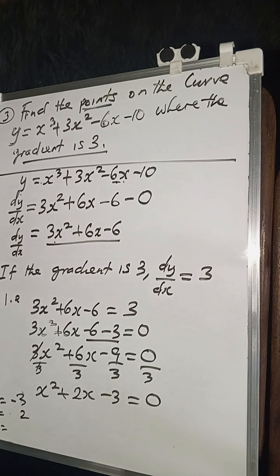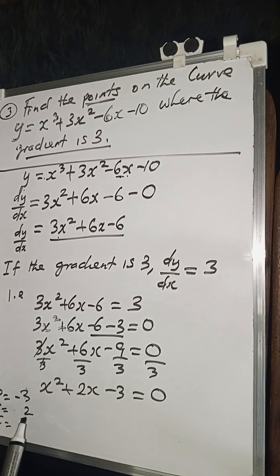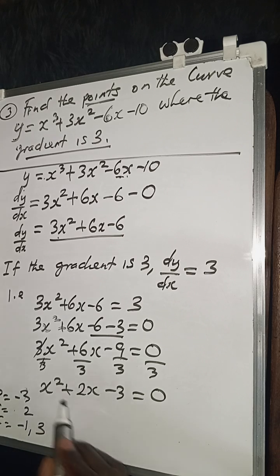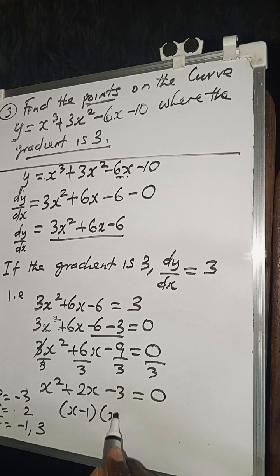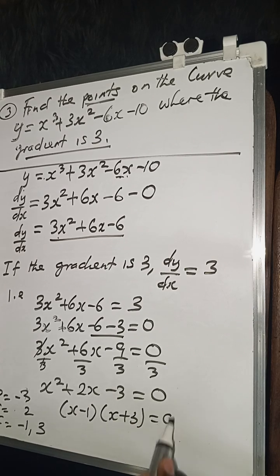So that should have been the correct value that we're supposed to have. So basically, the two factors that, when I multiply, give me negative 3, and when I add, give me a 2, we can simply talk about negative 1 and a 3. That's what we mean. So therefore, when you factorize that, it will give you x minus 1 and x plus 3 is equal to 0.